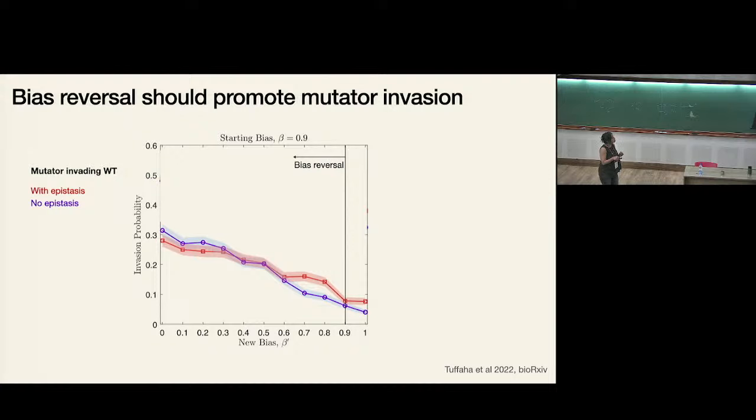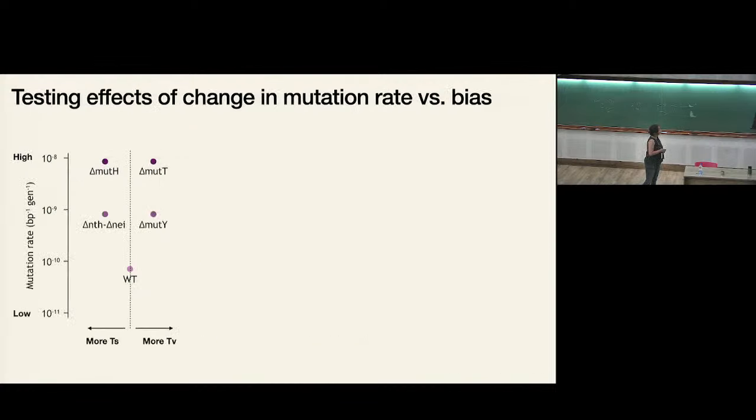But the closer you move to the opposite bias, which means reversing the existing bias, the higher your invasion probability. Okay, and this kind of pattern they observe with different mutators simulating different increases in mutation rate, 10-fold, 100-fold, whatever. Okay. So what about experiments?